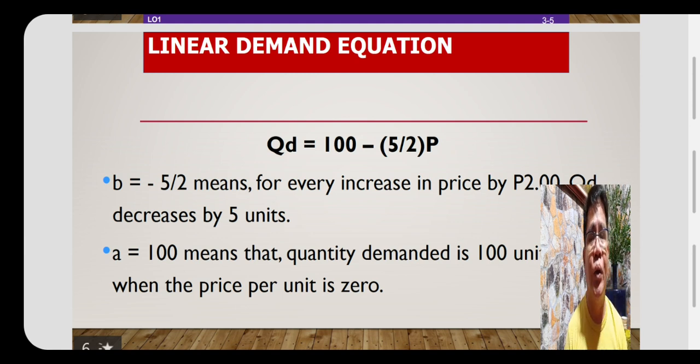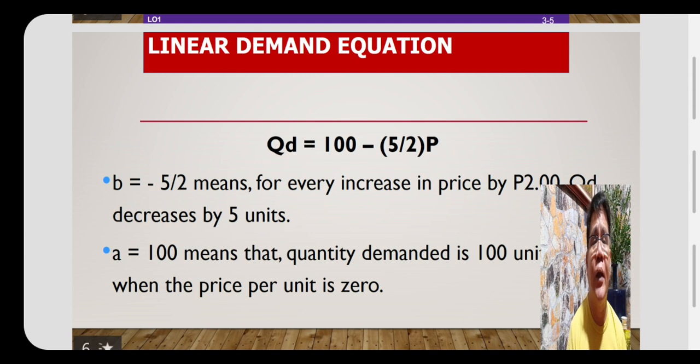If we are to compute for slope, the numerator, which is 5, stands as the change in quantity, and the denominator of the slope, which is equal to 2, stands as the change in the price.